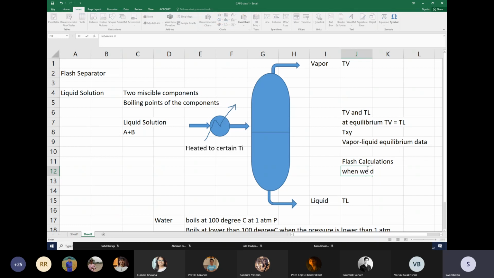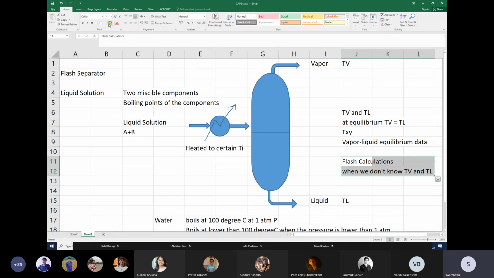Usually we don't directly know the TV and TL values, so we use the flash calculations, what you've done in mass transfer. If we know TV and TL, assuming equilibrium TV equals TL, from the TXY plot we get the vapor liquid equilibrium data.